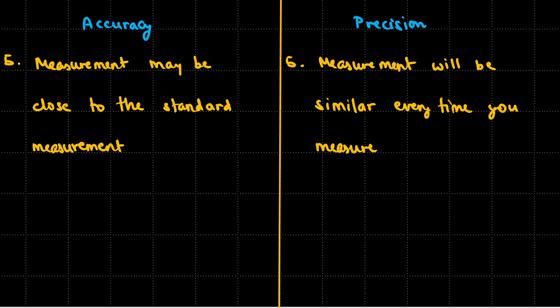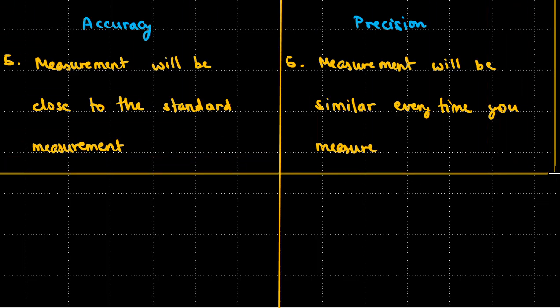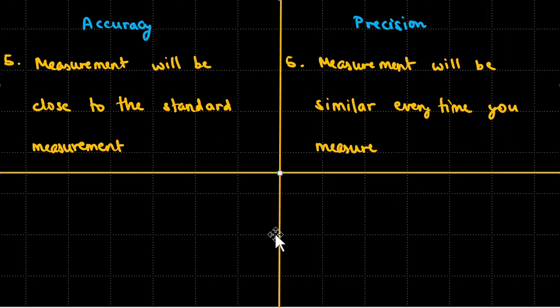So in accuracy, measurement will be close to the standard measurement, whereas in precision, measurement will be similar every time you measure with the values that you have measured. So that's the difference or comparison between accuracy and precision.